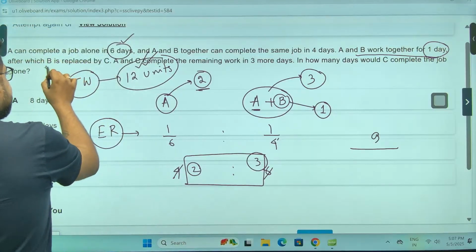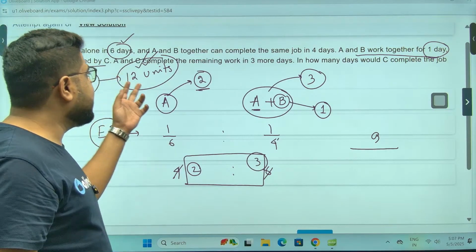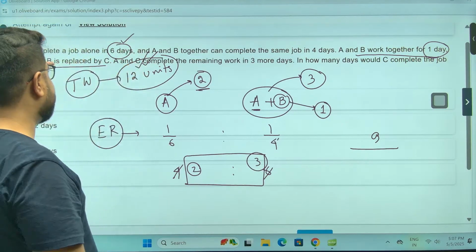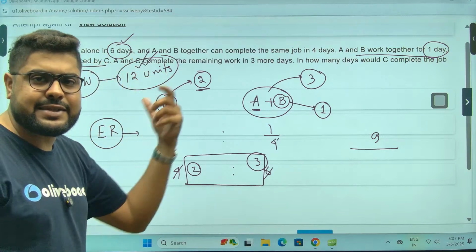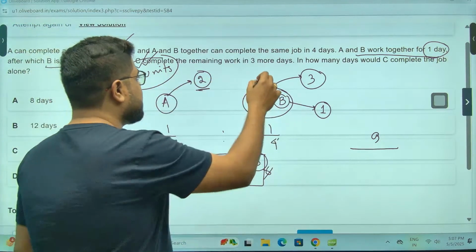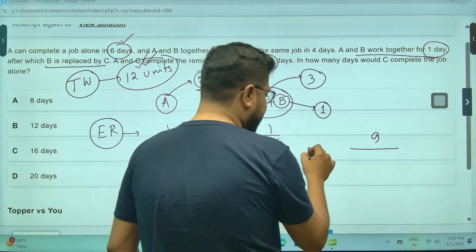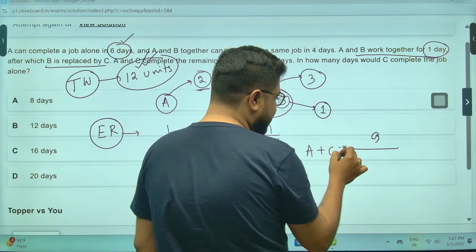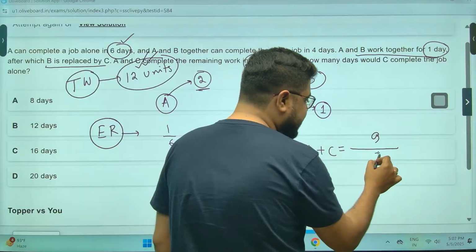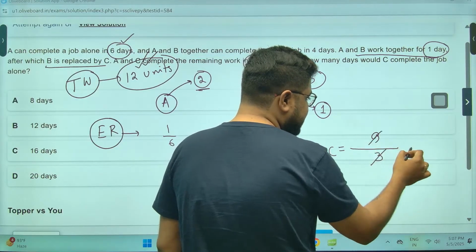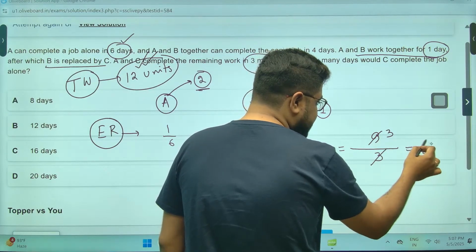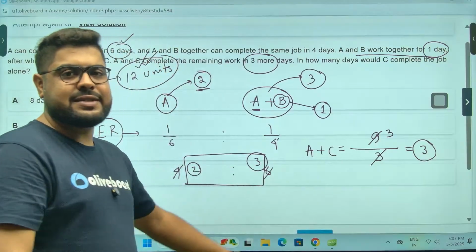Now, B is replaced by C, so A is working, and in place of B, C is working. In total they are taking 3 more days. So A plus C efficiency will be what? 9 units they are completing in 3 days, so A plus C efficiency is 3.